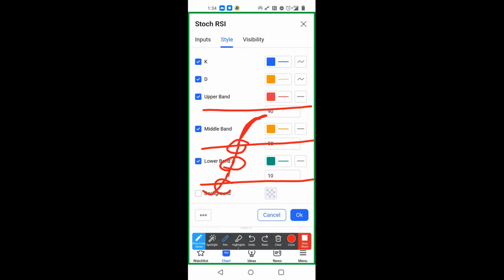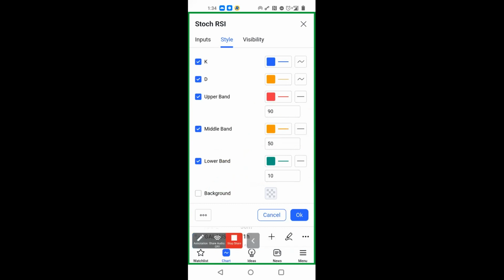You don't want to get in when it's almost touching the 90% area. Unless you practice enough. If you are a beginner, I would advise you to only enter trades where the stochastic RSI is below the 50% line. But if you keep practicing, you can still get in around this area. That's why we are setting this. So tap on the color.